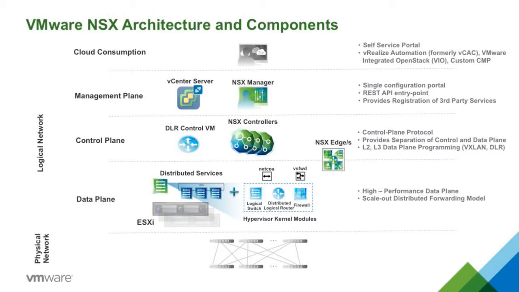These kernel modules are going to enable the three distributed services that VMware NSX is going to provide. Those three distributed services are distributed logical routing, distributed logical switching, and distributed firewall.